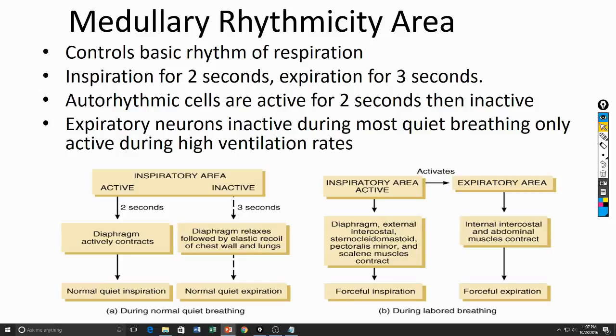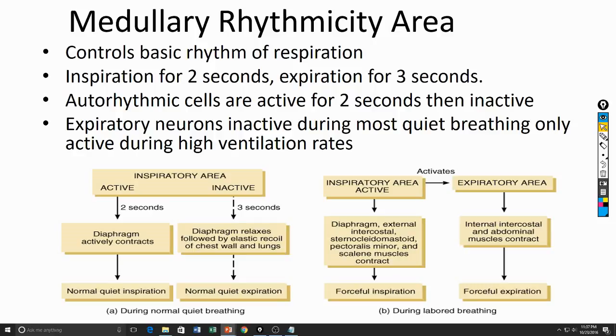If you go into more difficult, more labored breathing, you have the activation of what's called the expiratory area. Within the expiratory area, you get an increase in what we call assisting muscles, on both the exhalation and inhalation side.